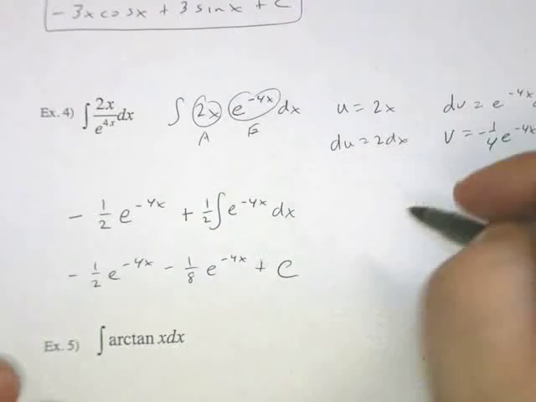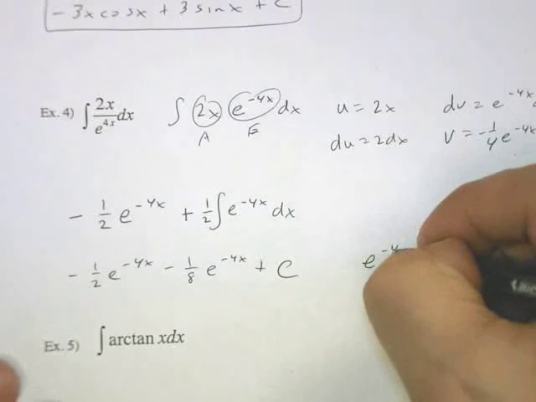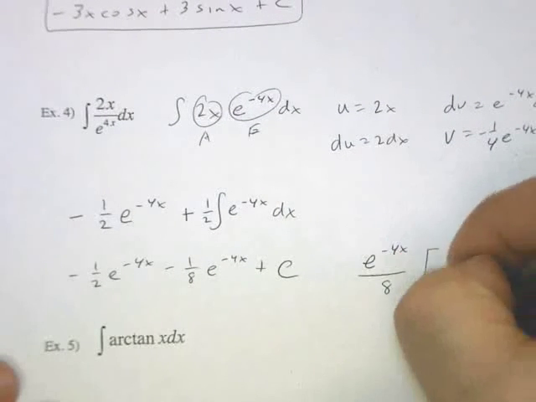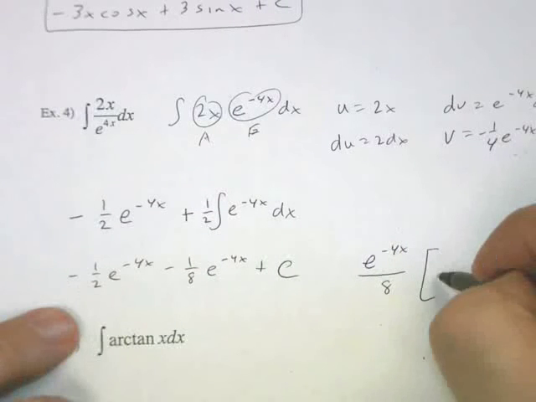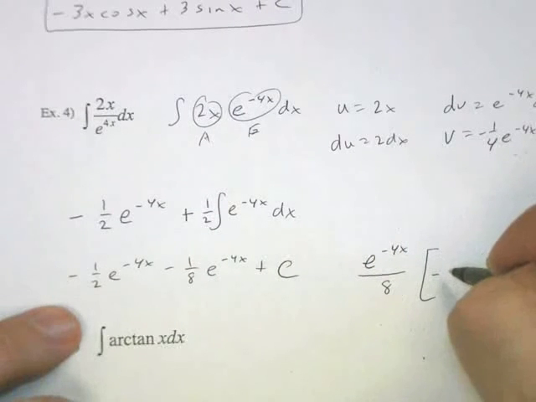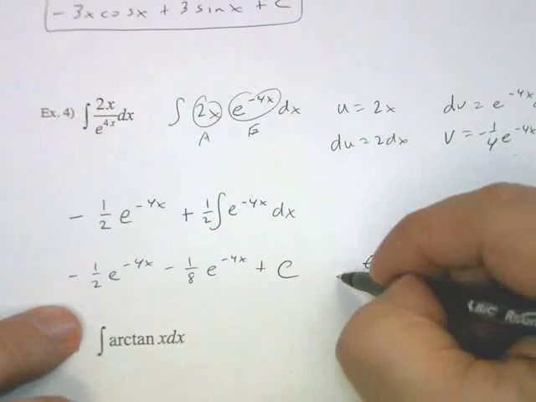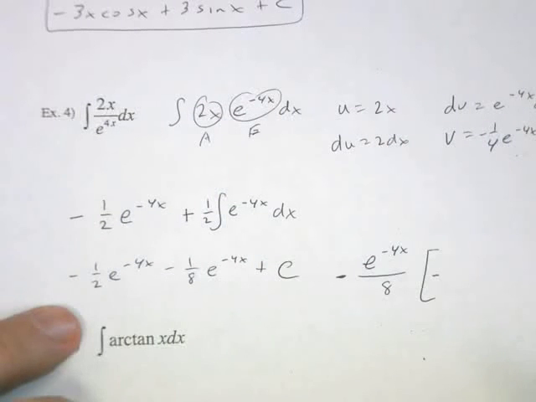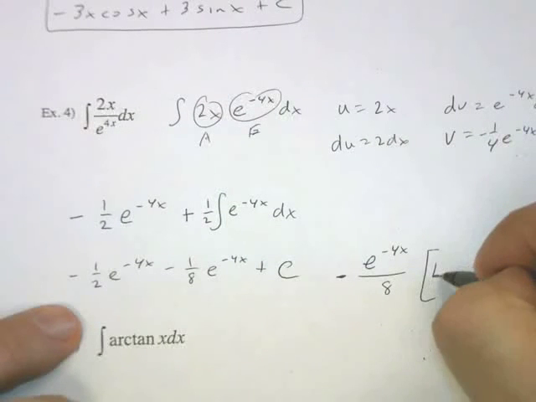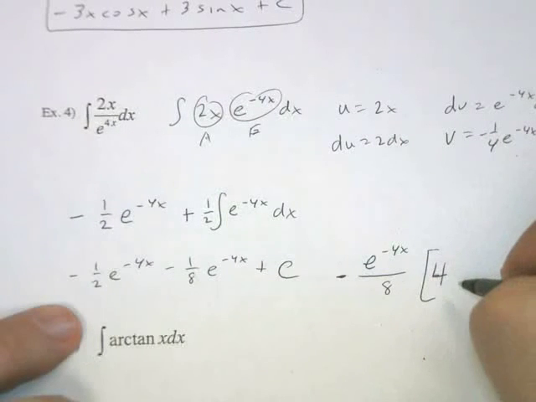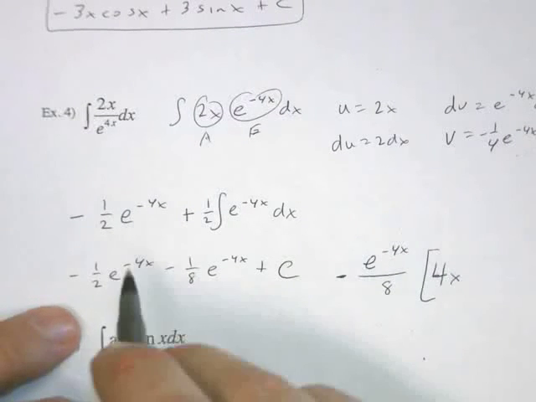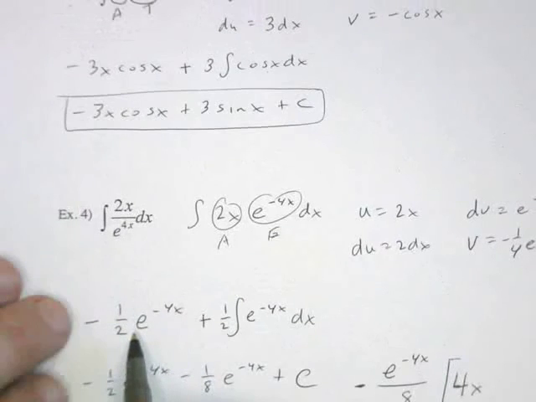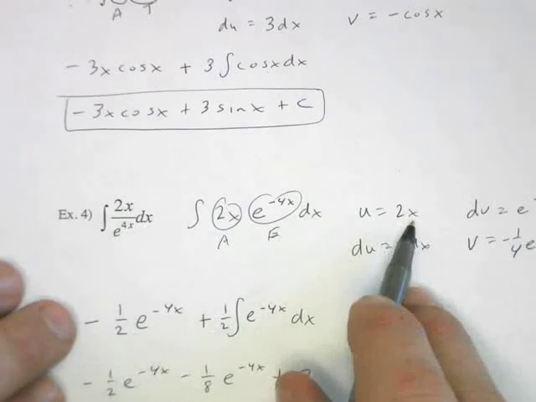And then I can factor out an e to the negative 4x and a 1/8. If I do that, this is going to become negative, let's take out the negative too, make this all positive on the inside. So if I take out a negative there, then the 1/2 is going to become 4 and x. And actually that term right there, I think I left out, when I did my u times v, yep, I left out the x.